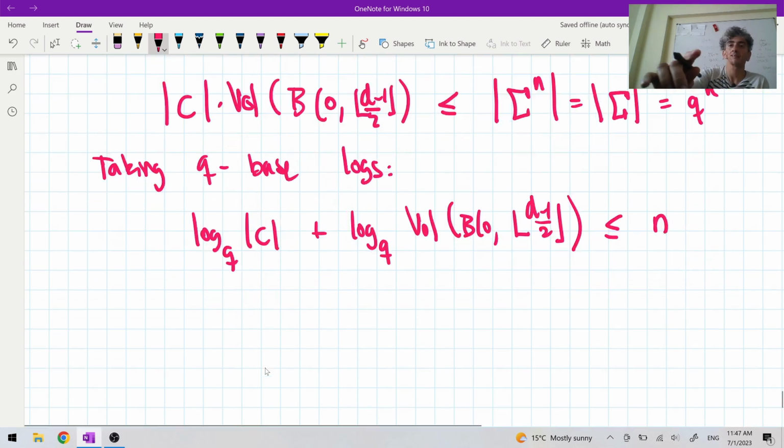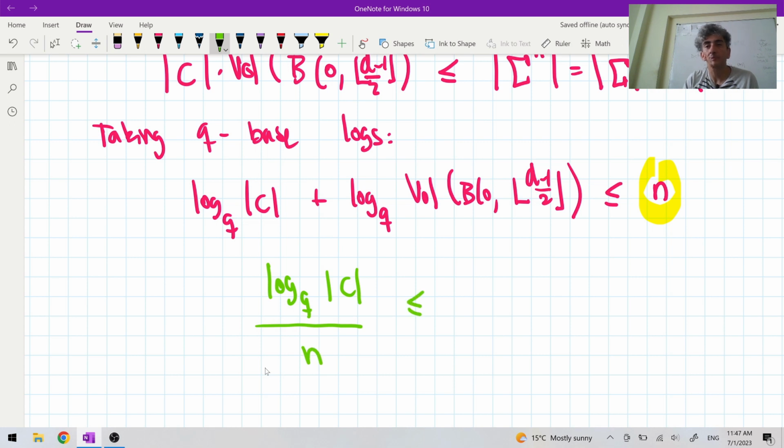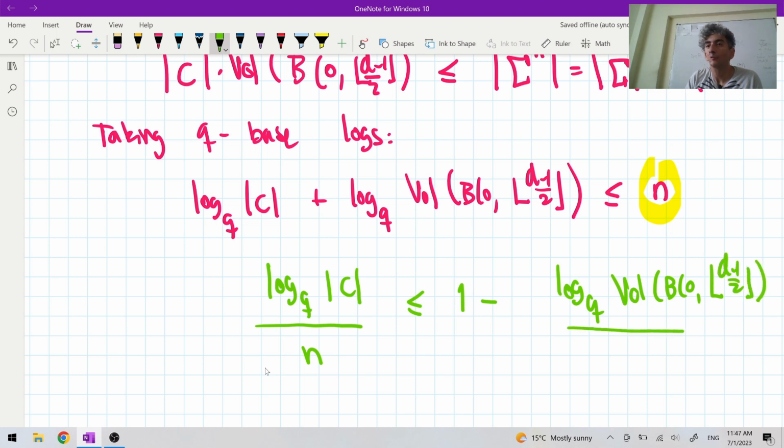Okay, so let's divide by n everywhere, and let's rearrange some terms. First of all, we have the logarithm base q of the size of C over n. This needs to be less than or equal to 1 minus the logarithm base q of the volume of the ball of radius (d minus 1) over 2, over n.